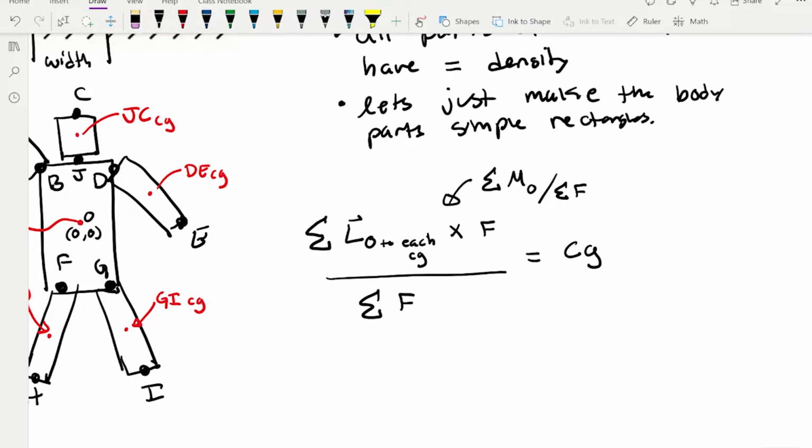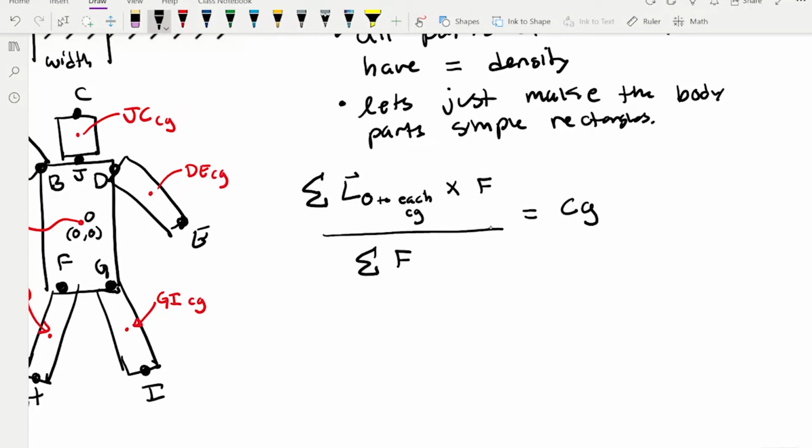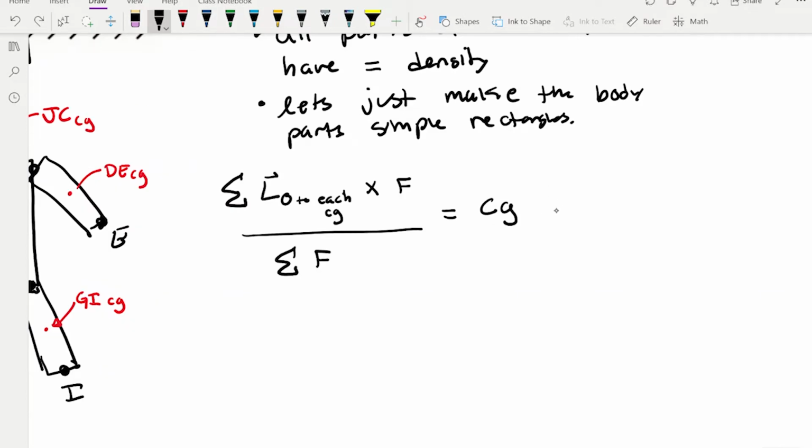So that's no big deal. We can do that real quick. Let's think about something. We can make this really simple because we know that the vector gravity acts downwards all the time. So let's just say, all right, so we know that this equation right here is going to be some kind of lengths times forces over the forces.